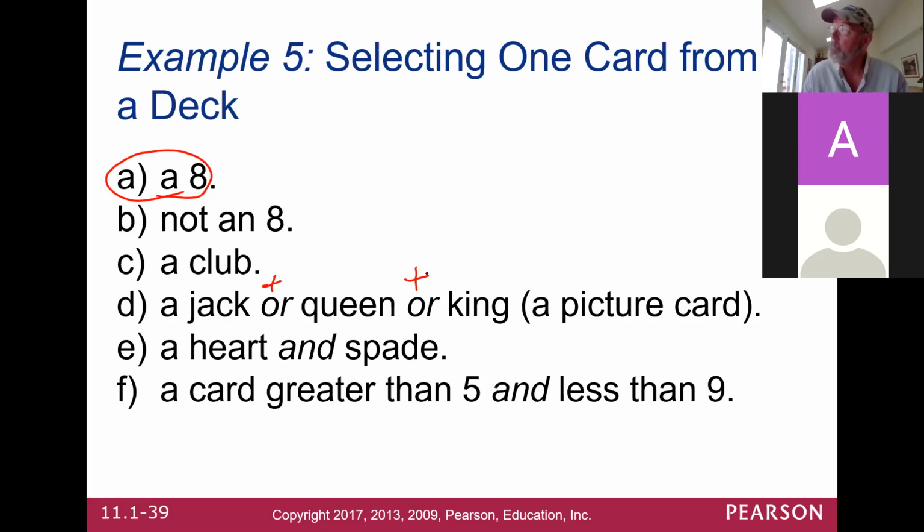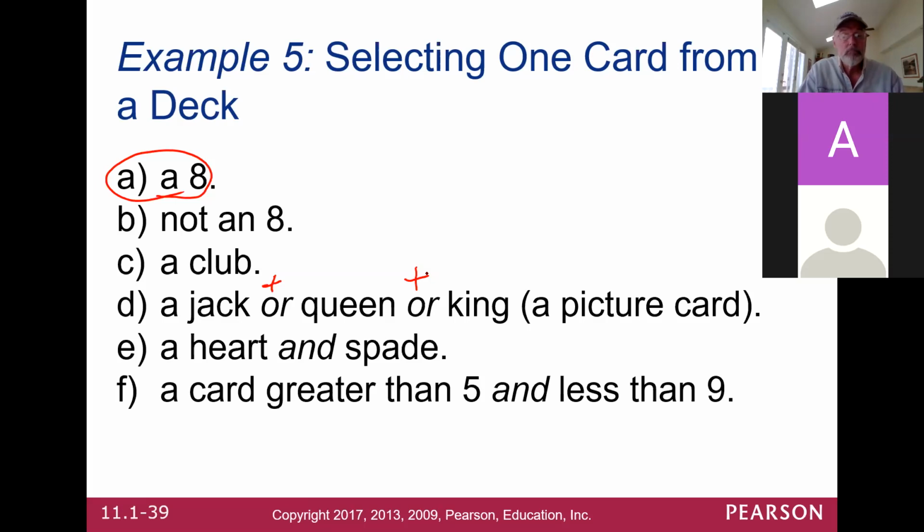I don't think so, no. So the probability is what? Oh, so a heart and a spade at the same time. Okay. So that'd be 0.